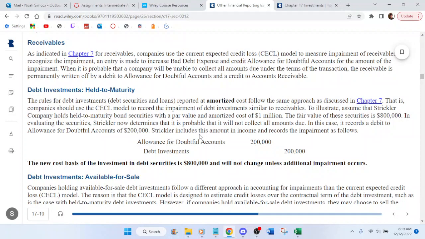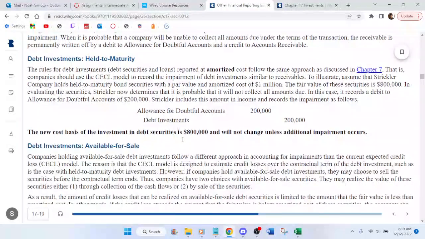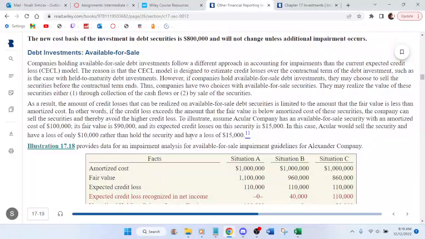You're just going to leave it at $800,000 for the rest of its life until some other impairment occurs? Is that really what they mean by that? That's for held to maturity. For available for sale, what do we do here?